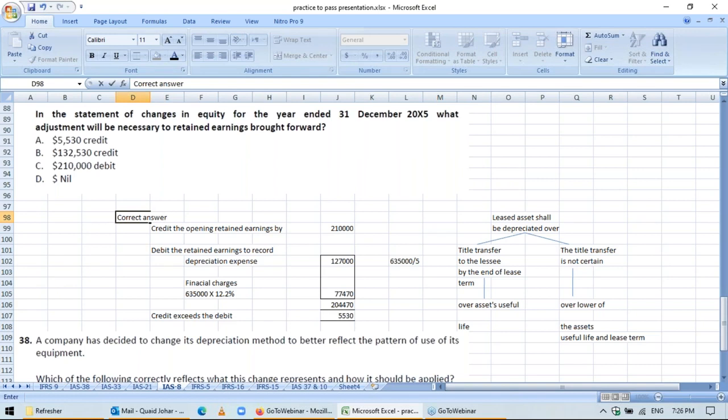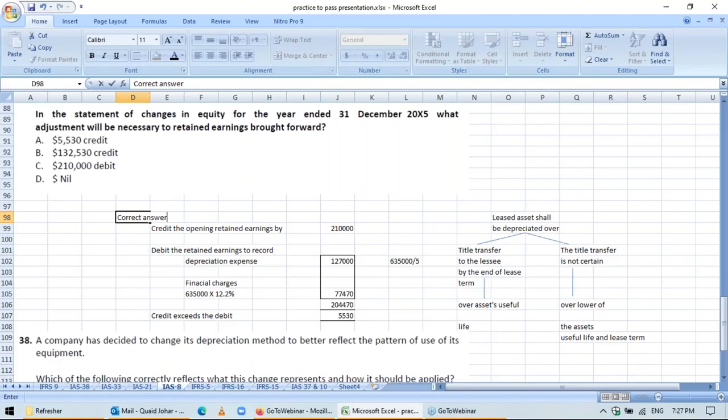So over here, you had to be very smart. You have to be very careful about what items will be affected and what they tell in the question. So they said that they recognize 210,000, the payment itself, as an expense. Whereas the standard says to record depreciation expense and financial charges.